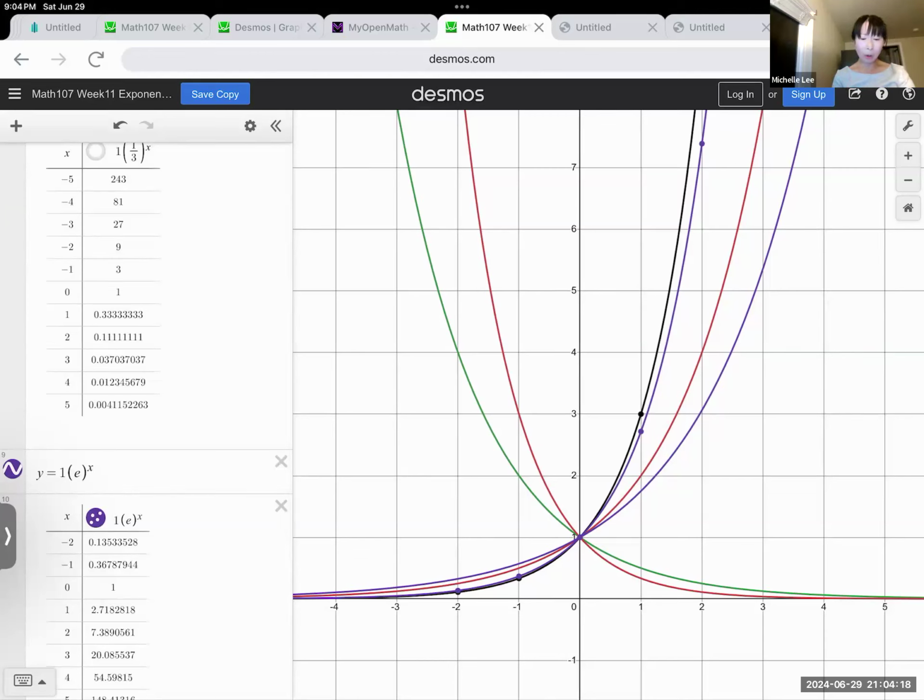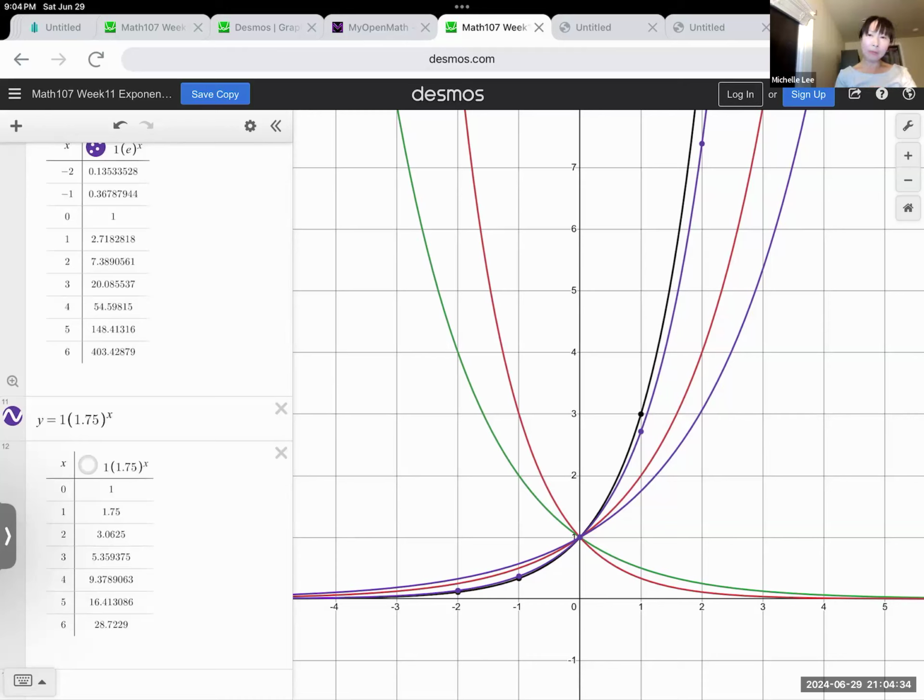The purple one between black and red is e, because e is the real number 2.718281. Now, 1.75 to the x power, which one will that be? It is next to the red one, in quadrant one on the positive x side. So base 1.75 is this other purple one.